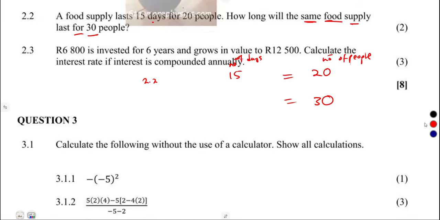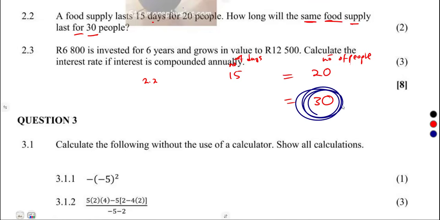This type of question is like we are dealing with a rate. We are considering proportion as indirect proportion. 15 days equivalent to 20 people.